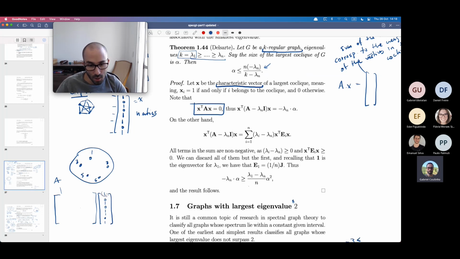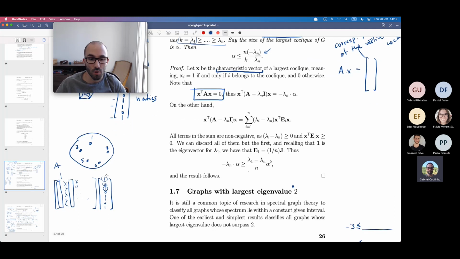So this is 1 times the first column of A, 0 times the second column of A, 1 times the third column of A, 0 times the fourth, and so on, and you add all these columns. That is a linear combination of the columns, and the coefficients are exactly the numbers that appear here. So you are summing the columns that correspond to the neighborhood of each one of the vertices in the co-clique. So I'm summing this, right? This, with this, and so on.